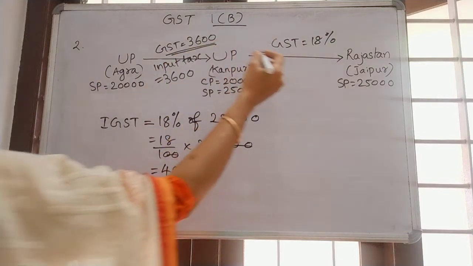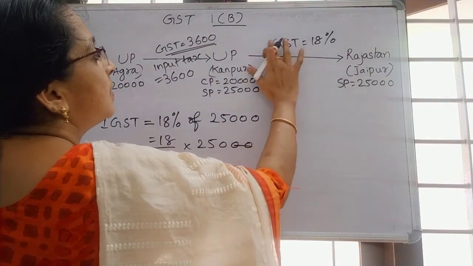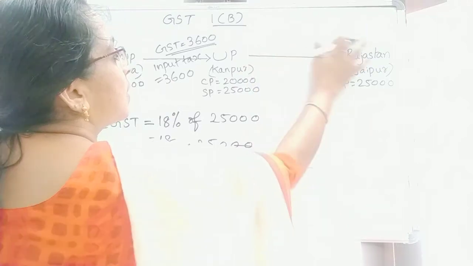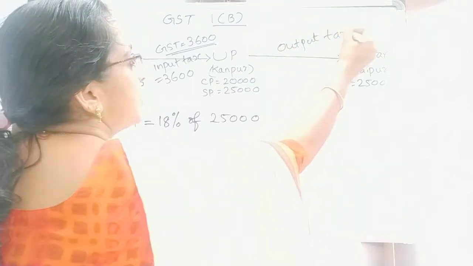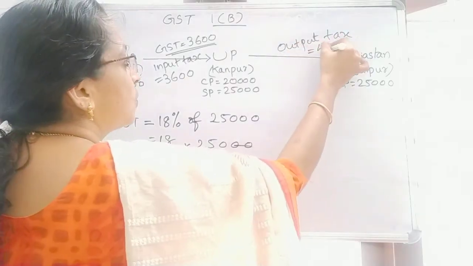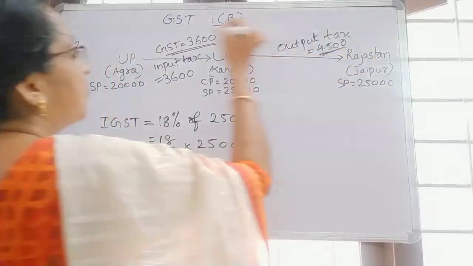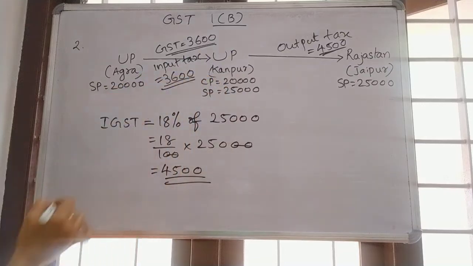This GST is the output GST, that is, output tax. The output tax is 4,500 and the input tax is 3,600.